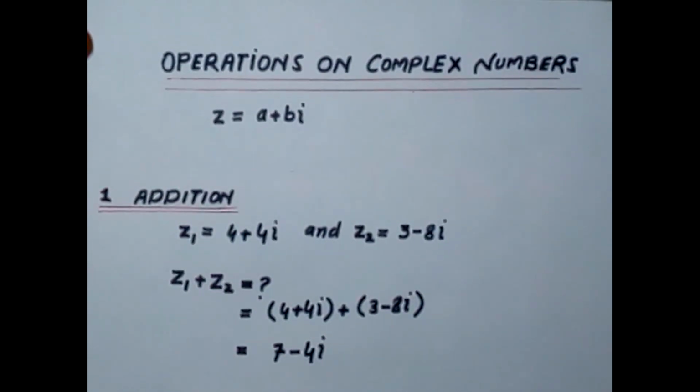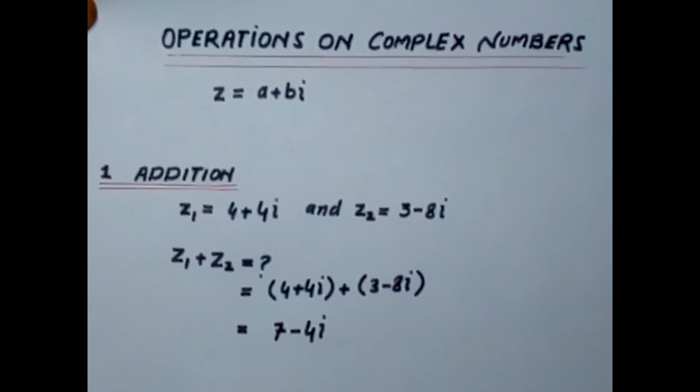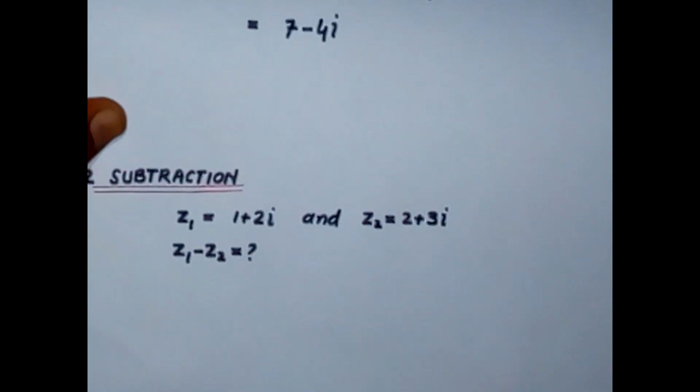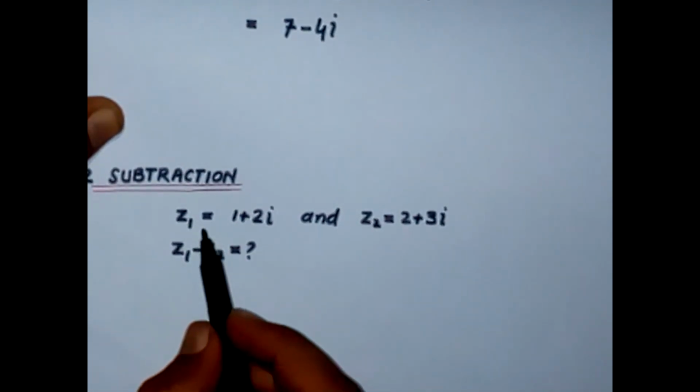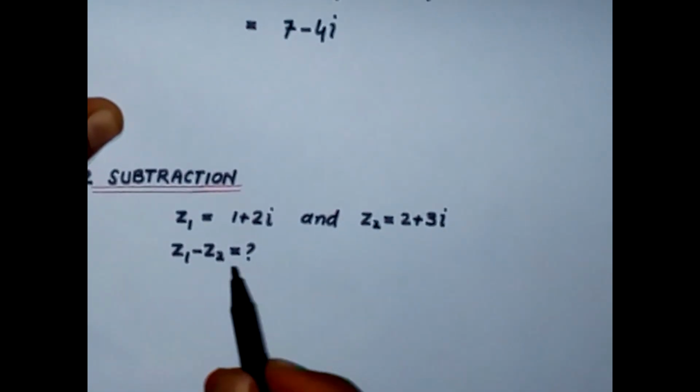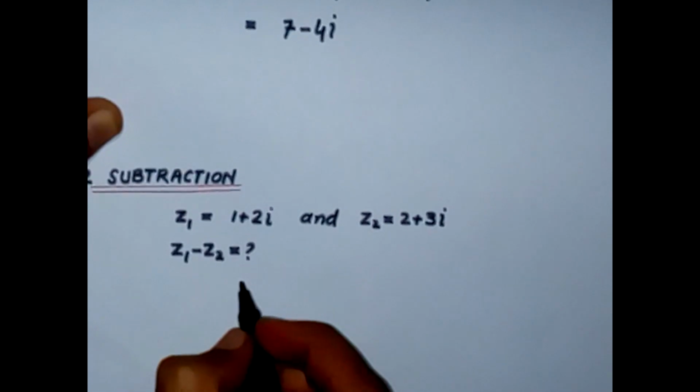Now let's move on to the subtraction of two complex numbers. We have two numbers, z1 is 1 plus 2i and z2 is 2 plus 3i. We are going to find z1 minus z2.